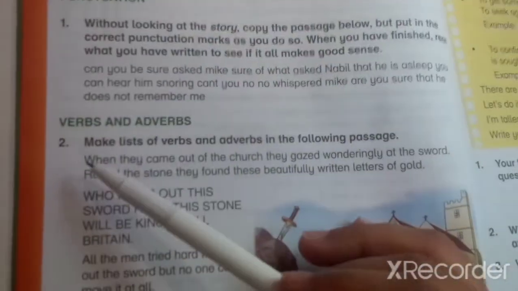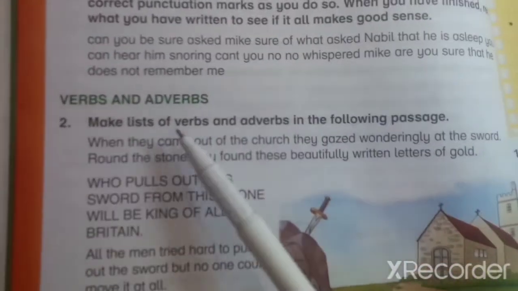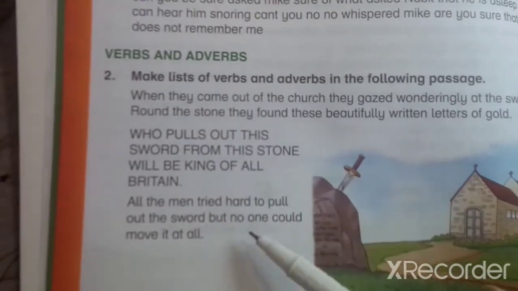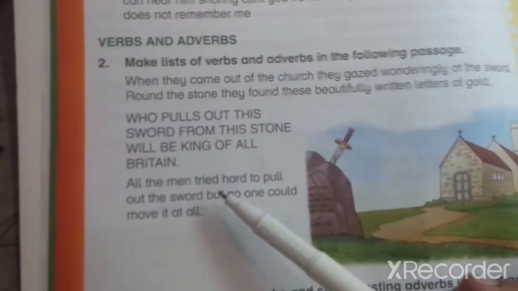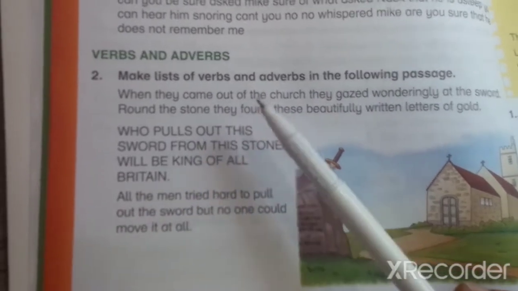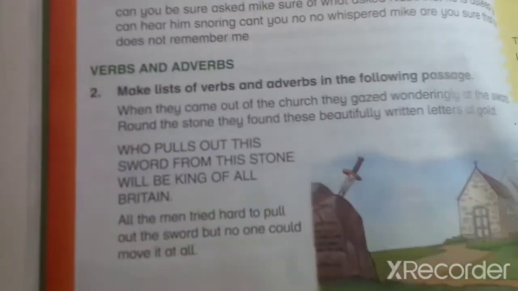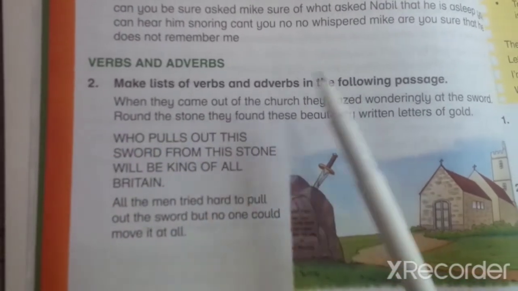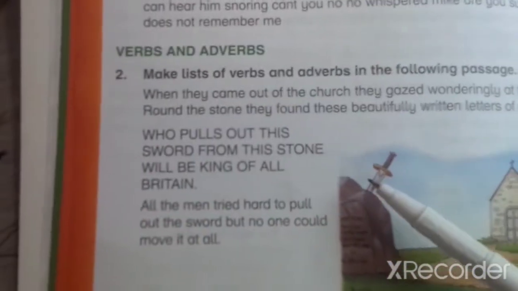This is exercise C, question number 2. You have to make lists of verbs and adverbs in the following passage. First of all, you have to make the list of all the verbs that are used in this passage, and all the adverbs that are used in this passage. You have to make a separate list for the adverbs and a separate list for verbs, and make sure you write this question before you attempt this homework on loose sheets.